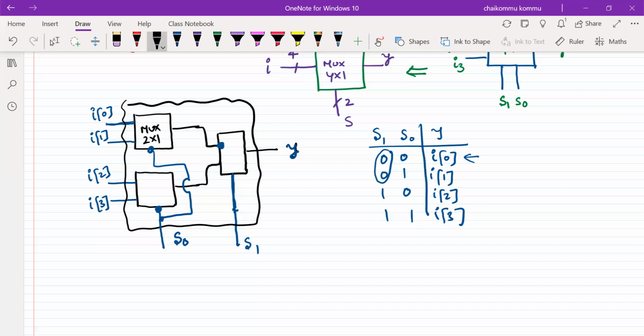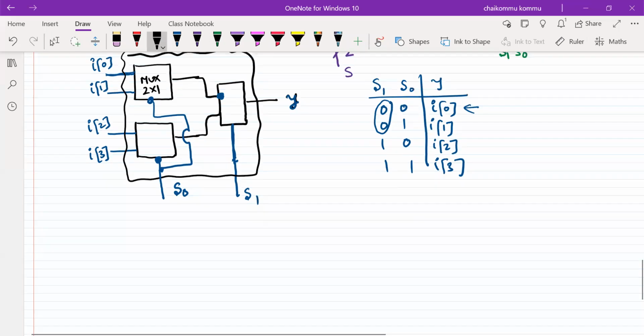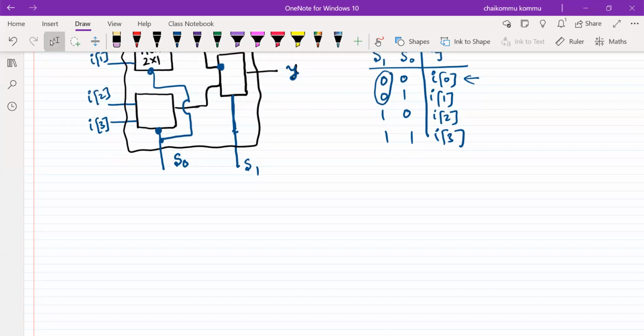Okay, so therefore three 2x1 multiplexers are available. All are the same type. That's the reason why I want to define it one time. Okay, so let us define the multiplexer once. So as all of you know, what is the multiplexer size? What is the multiplexer? Within another 15 minutes I will complete it. Okay, please wait for 15 minutes.